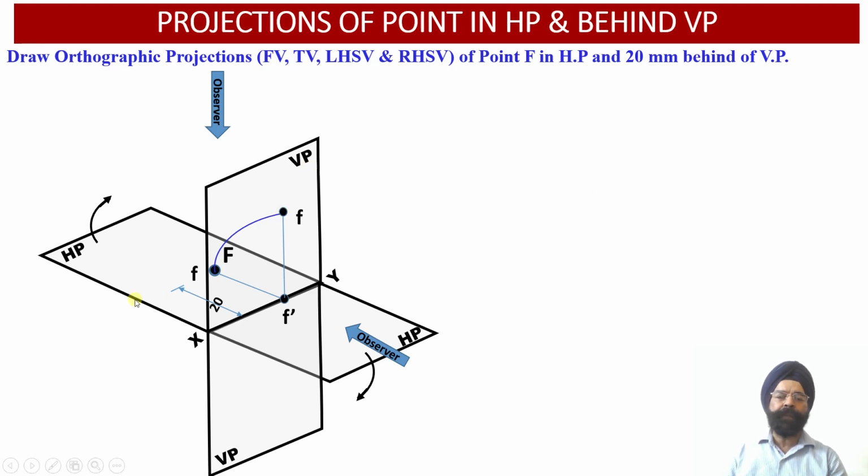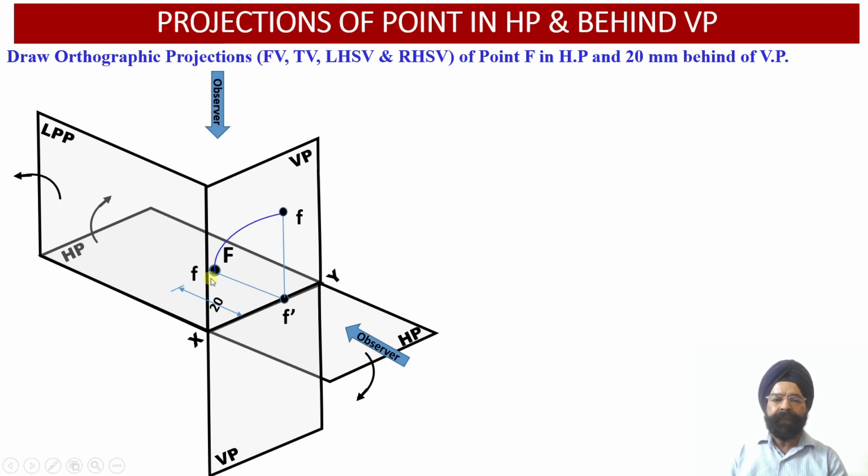Now let us obtain the left hand side view orthographic projection of this point F. In order to obtain the left hand side view orthographic projection, here we have drawn the left profile plane towards the left hand side of this vertical plane, and this left profile plane will be perpendicular to the horizontal plane as well as the vertical plane.